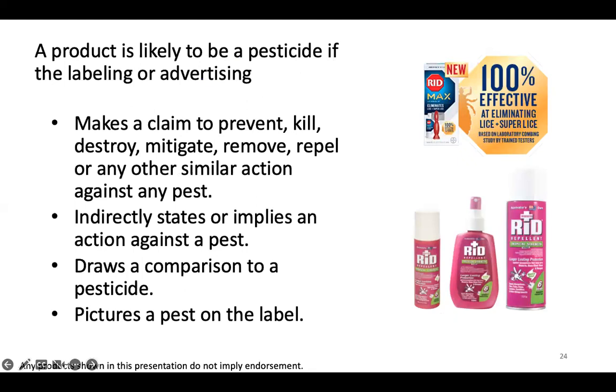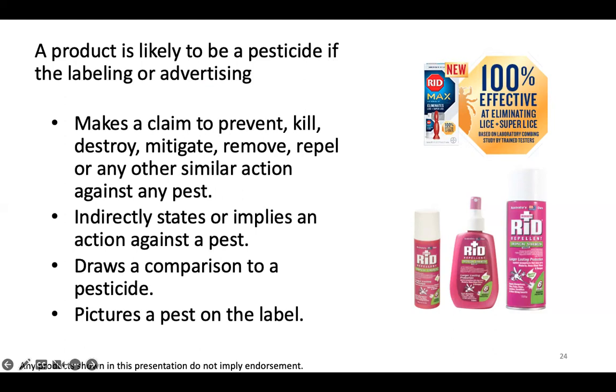A product is likely to be considered a pesticide if you see those words on the labeling or the advertising. For example, if they make a claim to prevent, kill, destroy, mitigate, remove, repel, or any other similar action against any pest, those products may be considered pesticides.